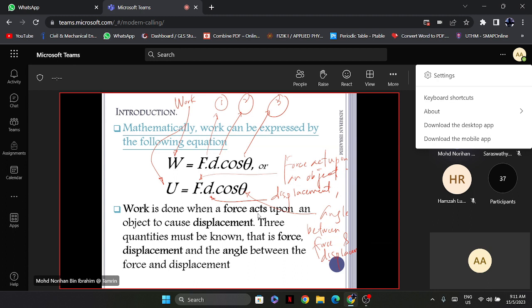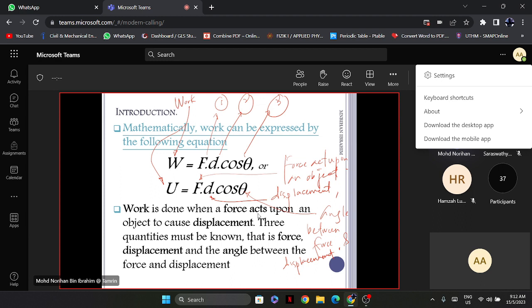So the angle between the force and displacement. So there are three parameters that need to be considered when we deal with what is called work.